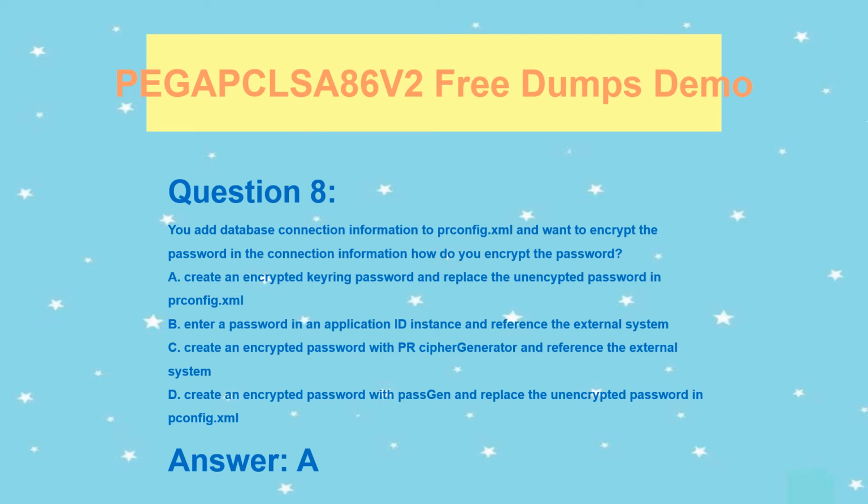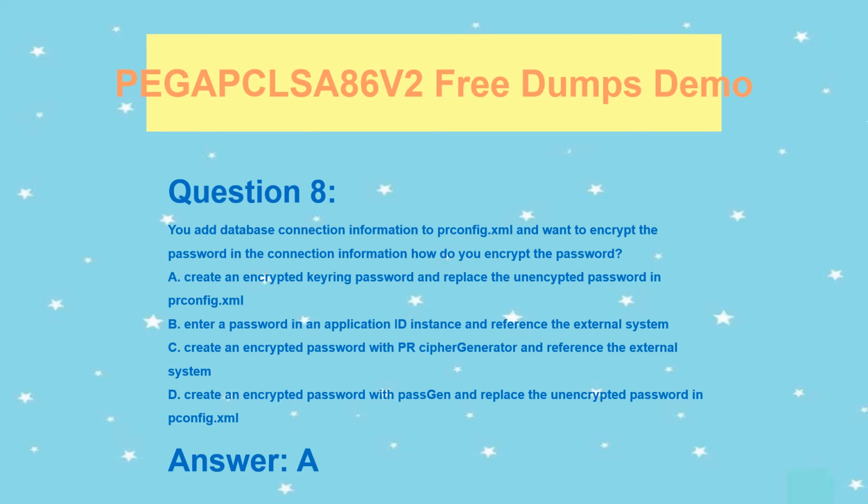Question 8. You add database connection information to prconfig.xml and want to encrypt the password in the connection information. How do you encrypt the password? A. Create an encrypted password and replace the unencrypted password in prconfig.xml.